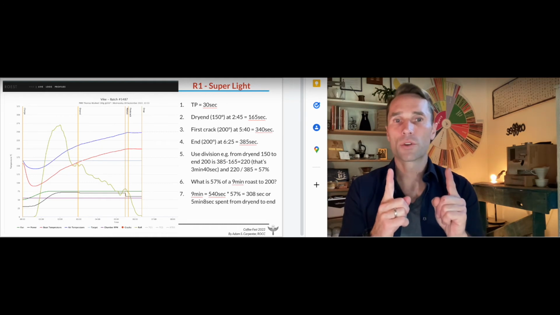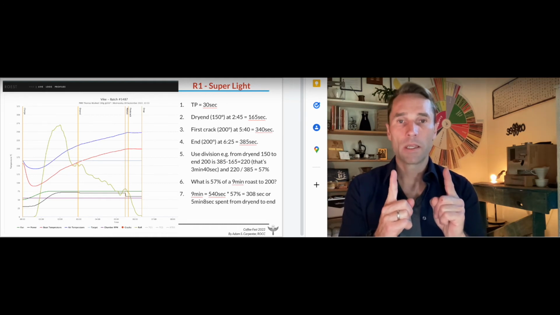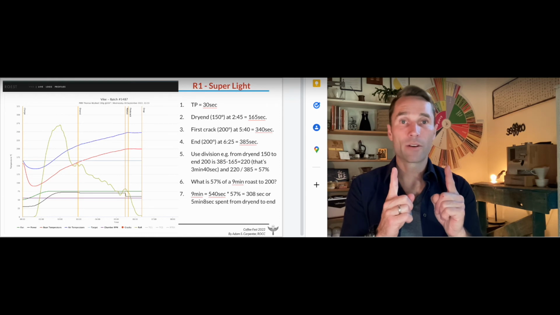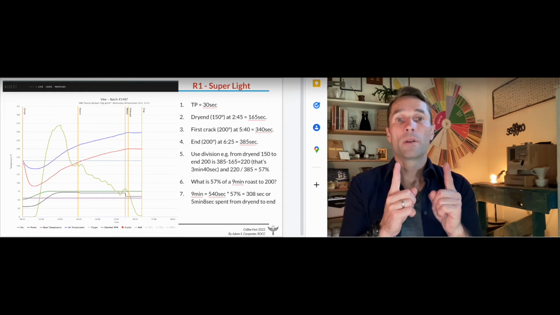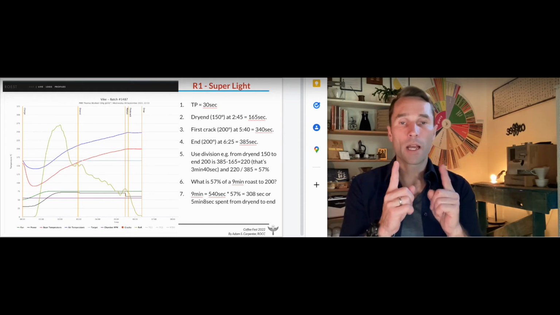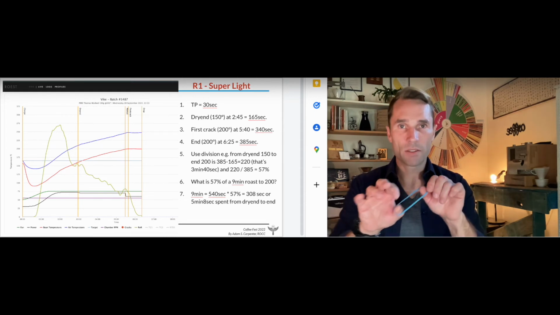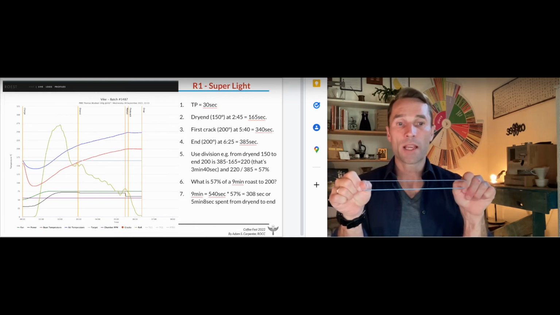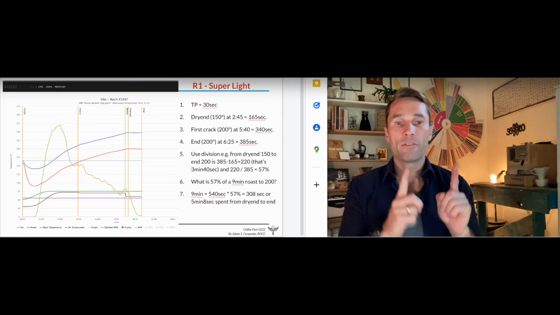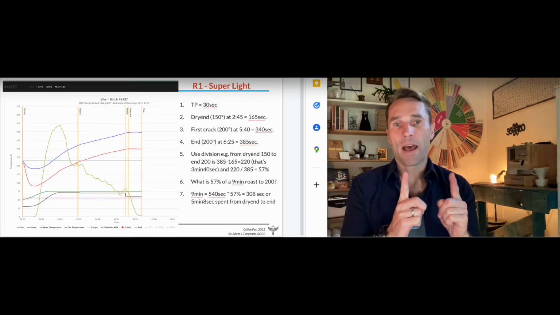57% of the roast was spent in that later development stage, from dry end to the end. So our 9-minute roast, 540 seconds, we want 57% of this. Just over half of that.